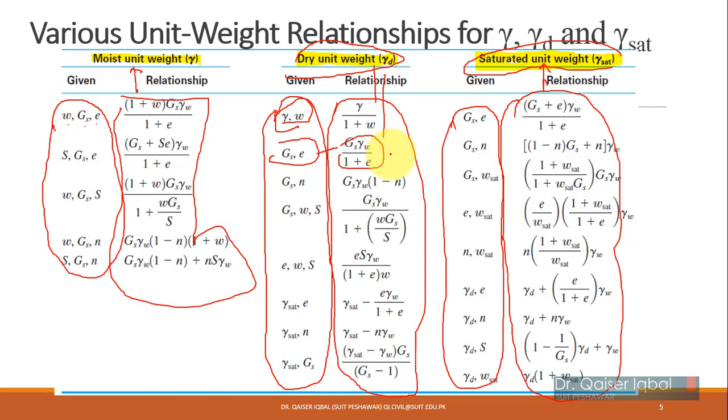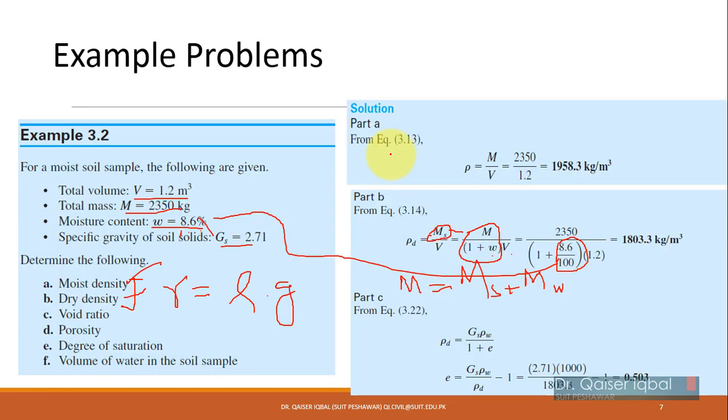The same relationships can be used for the dry density as well, because we will be simply replacing gamma D by rho D into g, and this by rho W into g. So g and g will cancel.